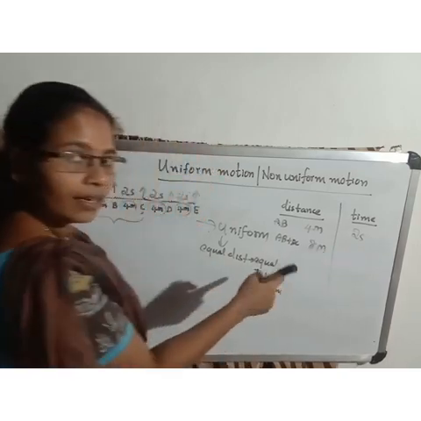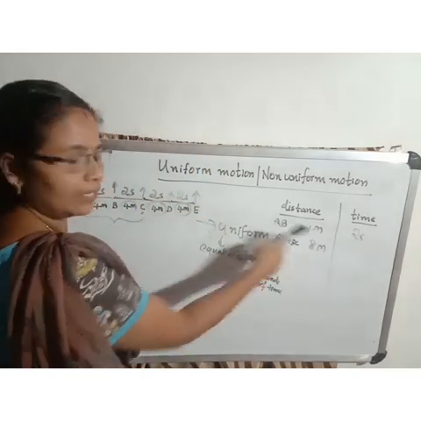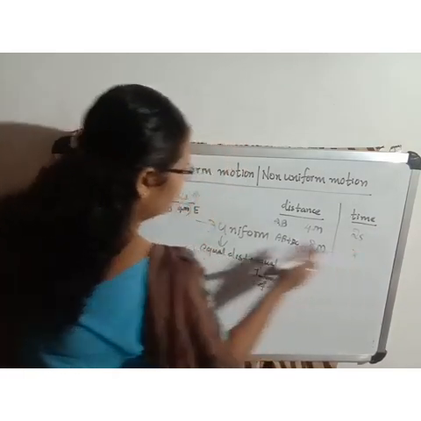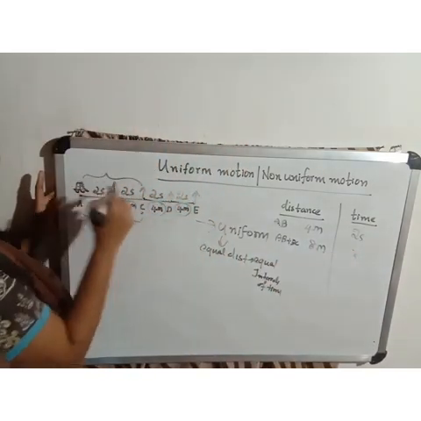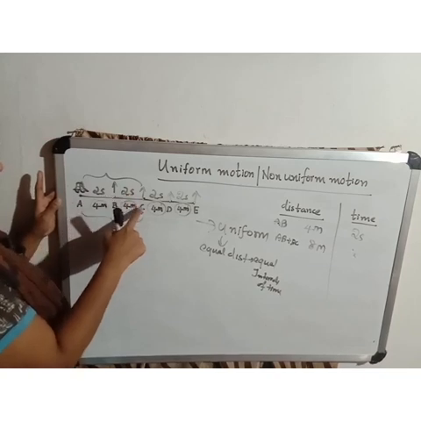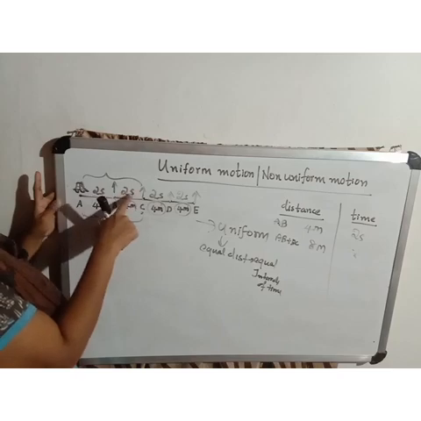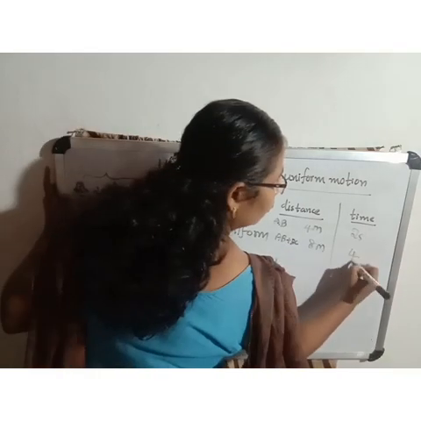So it travels a distance of 8 meters by taking how much time? Again, the total time will be 2 plus 2. To reach C, it took a total time of 2 plus 2 seconds, which is 4.